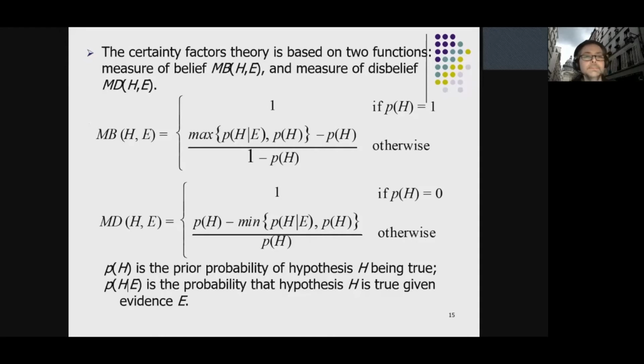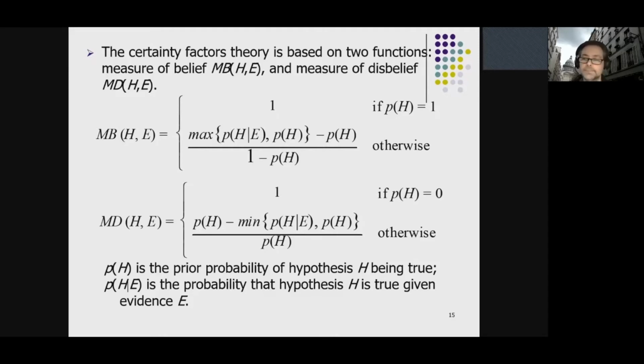Then the certainty factors theory is mainly based on two functions. One function, the first one, measures the belief, and the second function measures the disbelief. Okay, and you can see the equations on this slide. So the measure of belief is 1 if the probability of a hypothesis is 1.